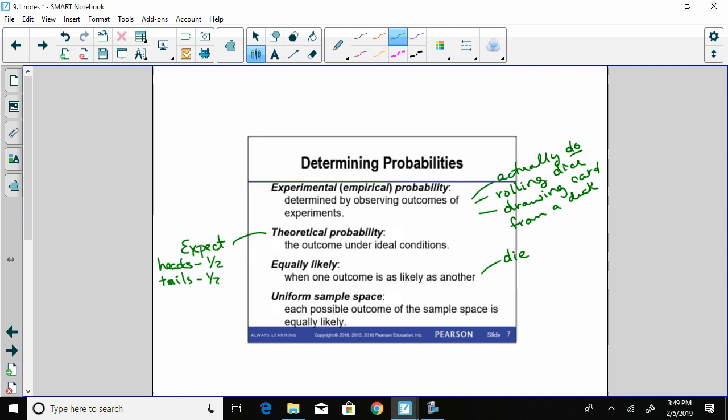If you have a die, each number has 1/6 of a chance of being rolled, right? So each one has 1/6 of a chance. A uniform sample space means that they all, again, are equally likely. So it's going back to using that die. 1, 2, 3, 4, 5, and 6 all have an equally likely chance of happening.